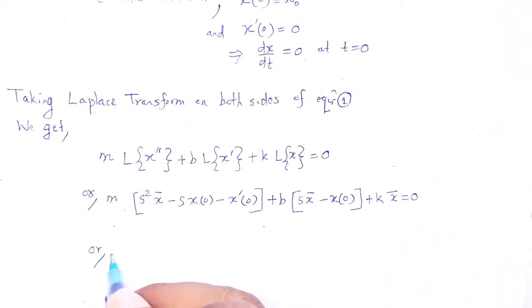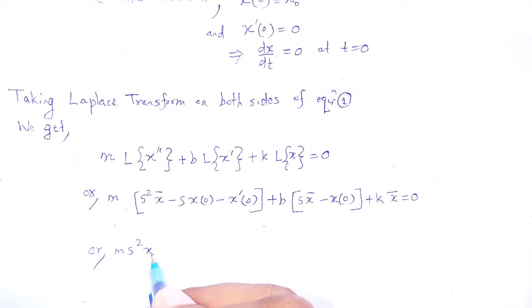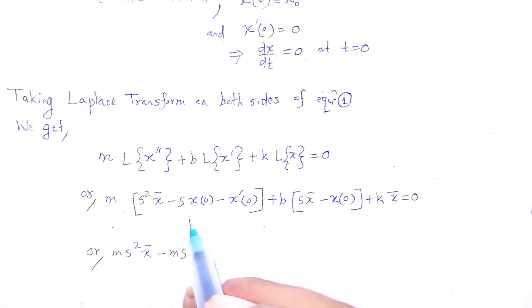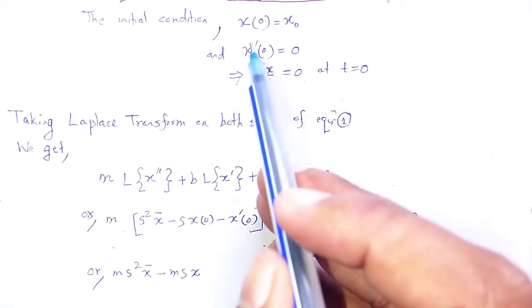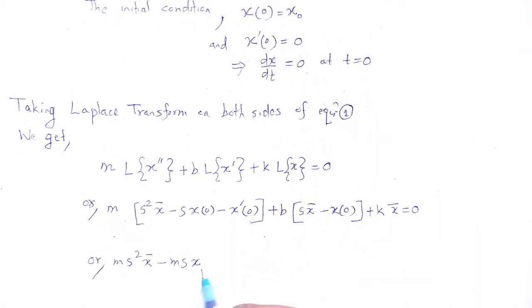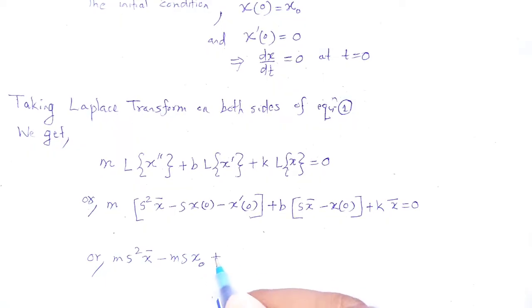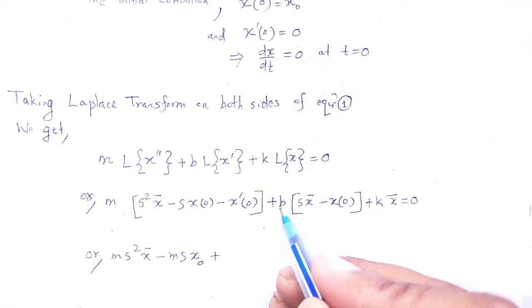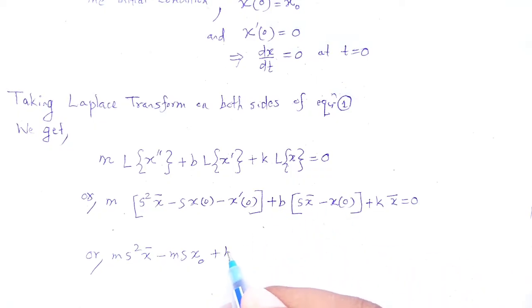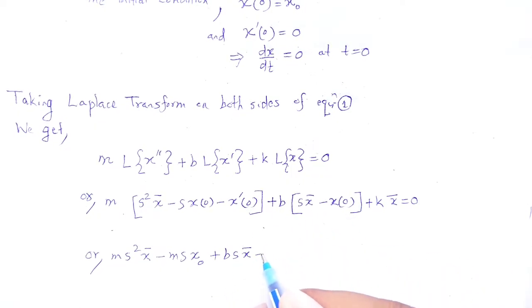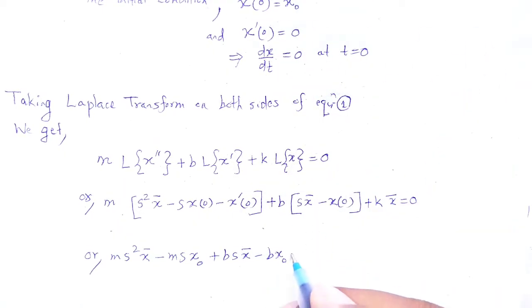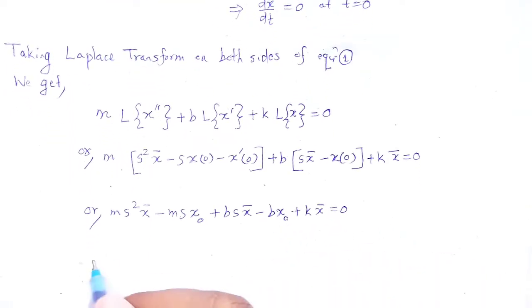Or m s square x bar minus m s x naught, putting the boundary condition x of 0 is equal to x naught and x dash at 0 is equal to 0, plus b s x bar minus b x naught plus k x bar is equal to 0.